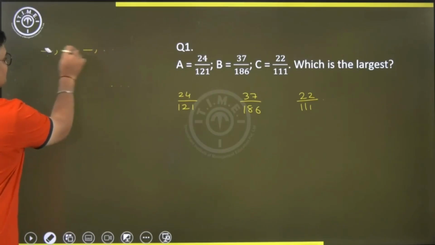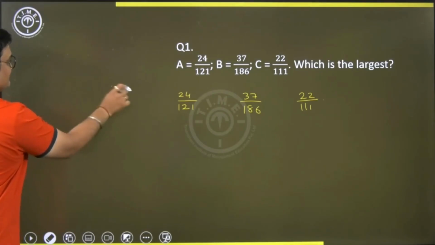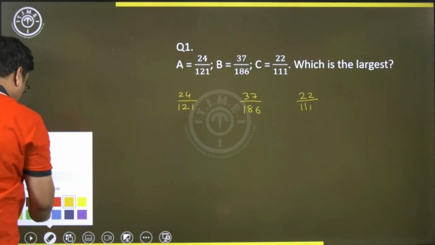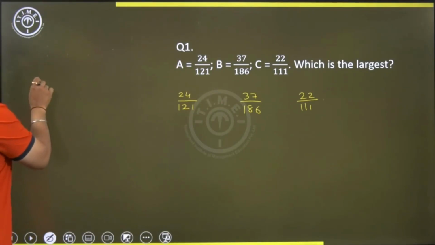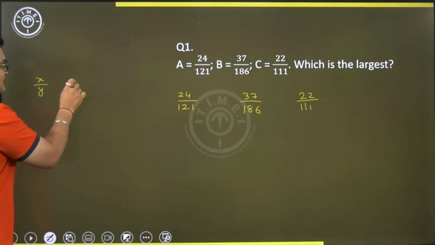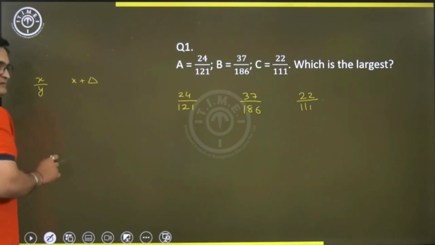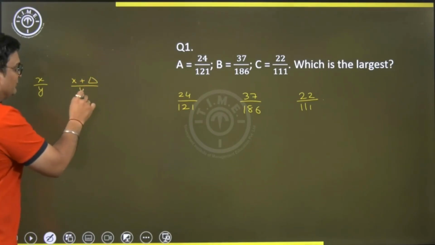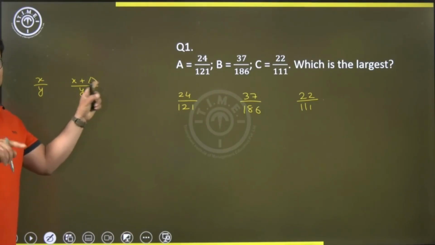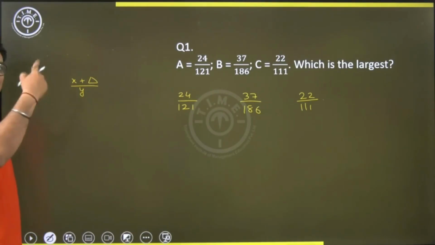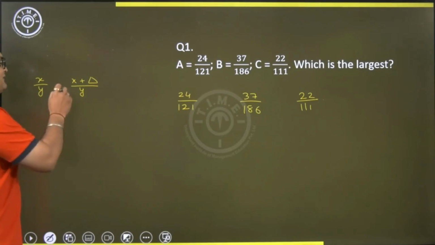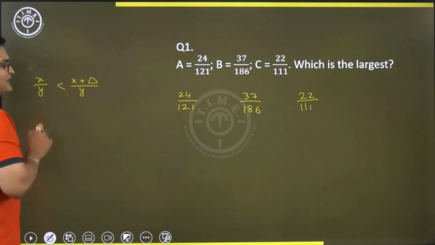Now, the third point. Take any fraction, suppose x by y. If you increase the numerator and keep the denominator constant, and this increase delta is positive, can we say the new fraction is definitely bigger than the old fraction?